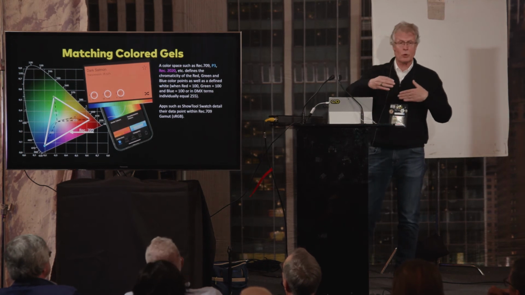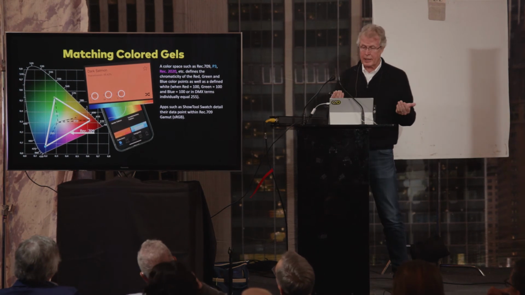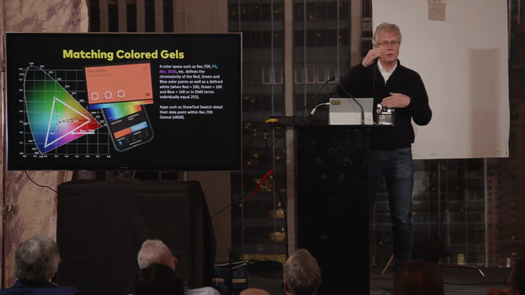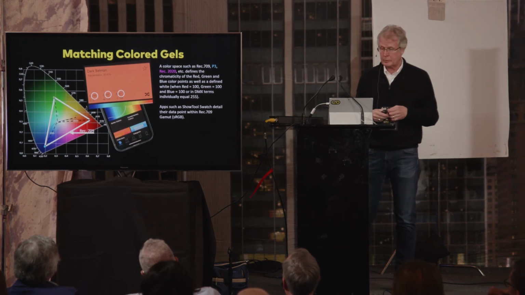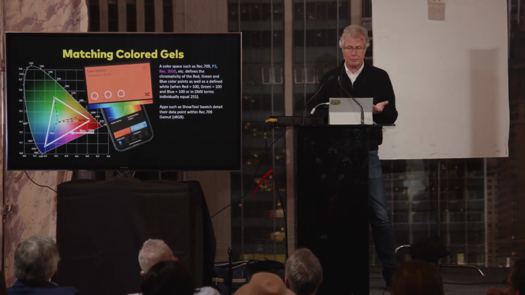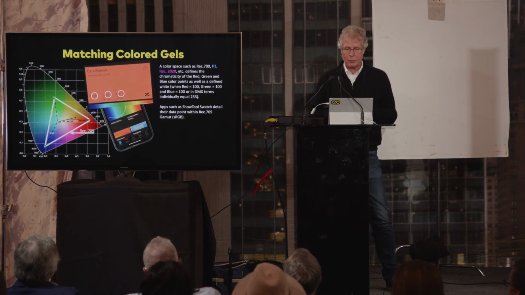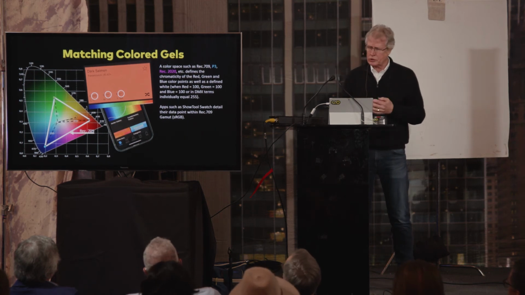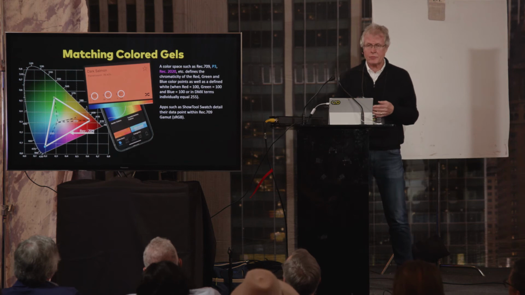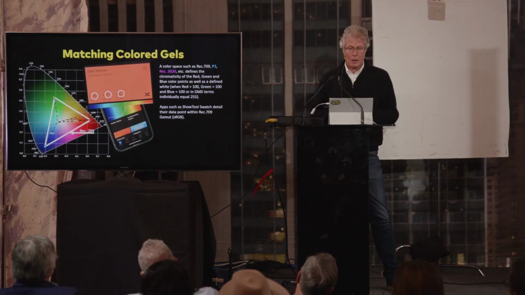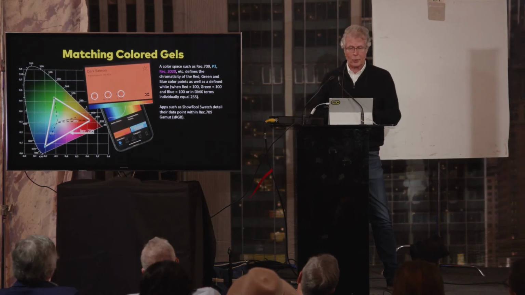So 255 increments refers to essentially the number of increments that you'll find on a DMX board. And in this case, this is an app from Show Tool Swatch, and they give you values in either percentages or 255 increments. So in this case, that's sort of a representation of where the color point would be.